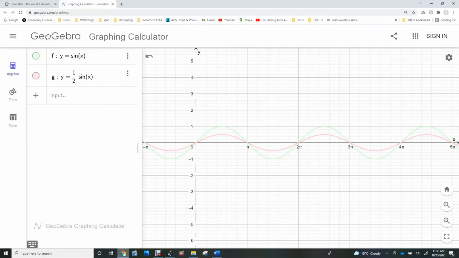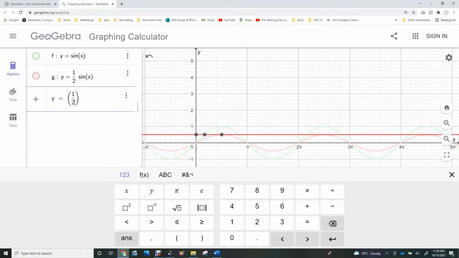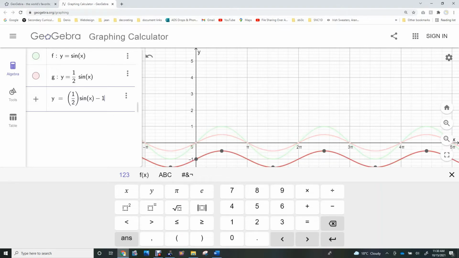So the next part that I want to add is the C value, which is determining where the axis of curve goes. So now I'm going to say y equals, and I want my graph, and my phase shift in this question is 1 unit down.